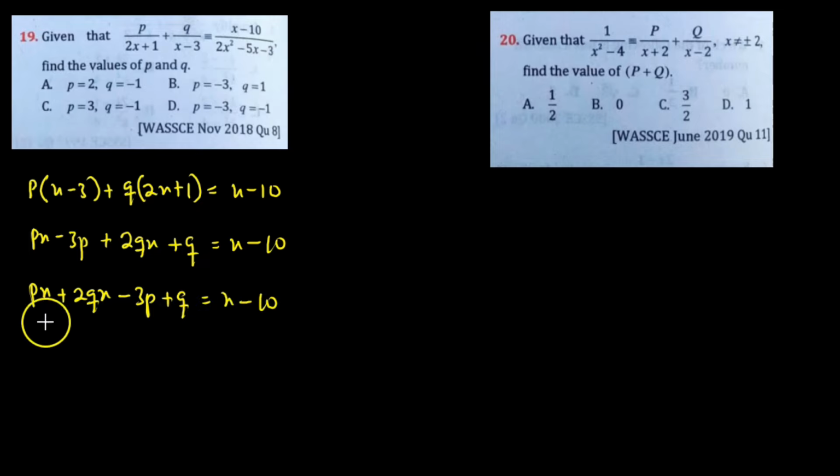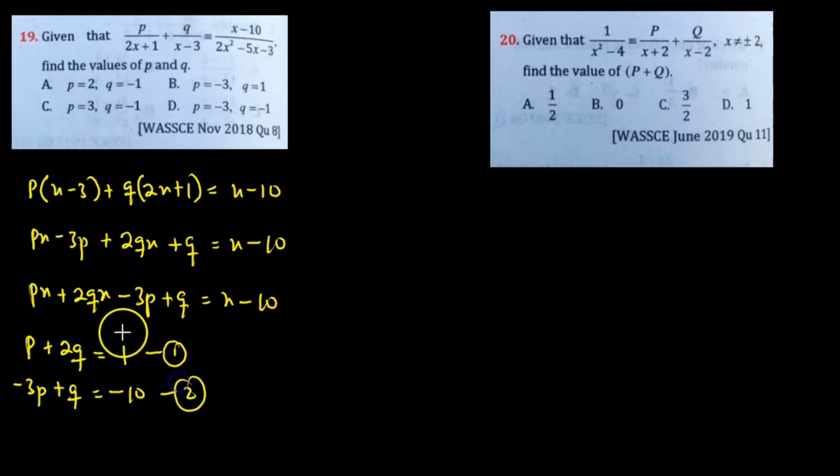So comparing the left hand side and the right hand side, the coefficient of x is going to be p plus 2q on the left hand side, and on the right hand side we are going to have it as 1. That is equation 1. And then the constant is negative 3p plus q equal to negative 10.